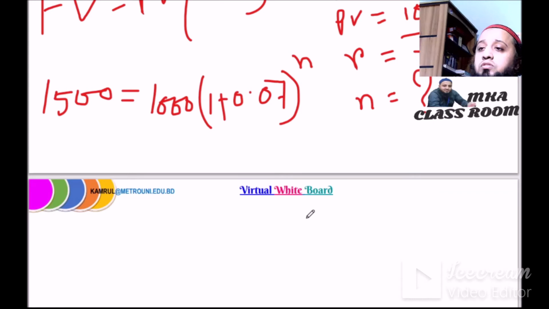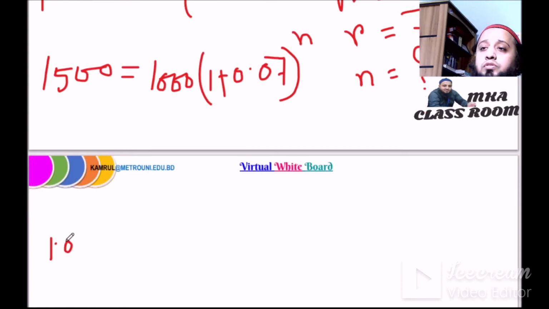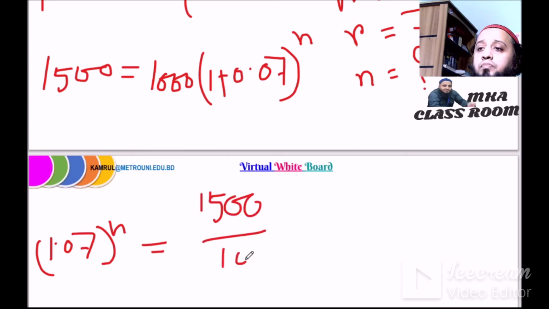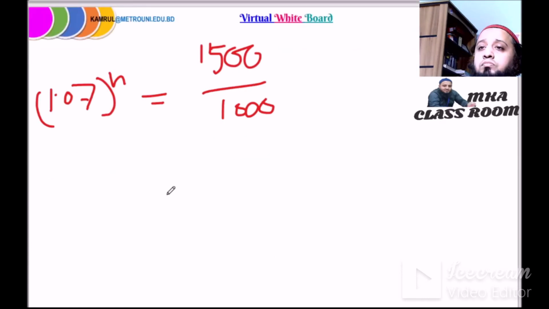Then 1.07 power n equals 1500 divided by 1000. So what will happen to our problem? 1.07 power n equals 1.5.